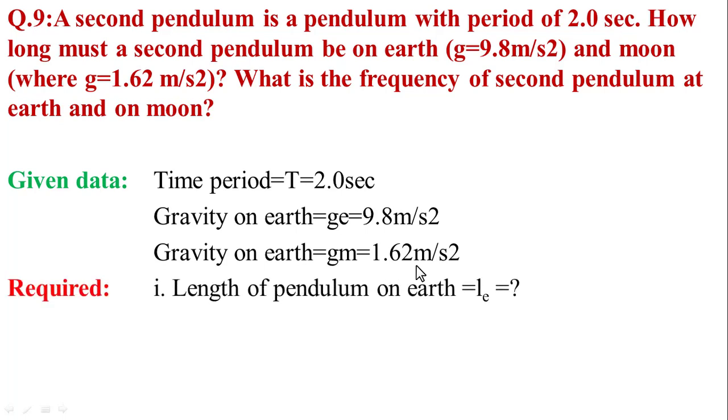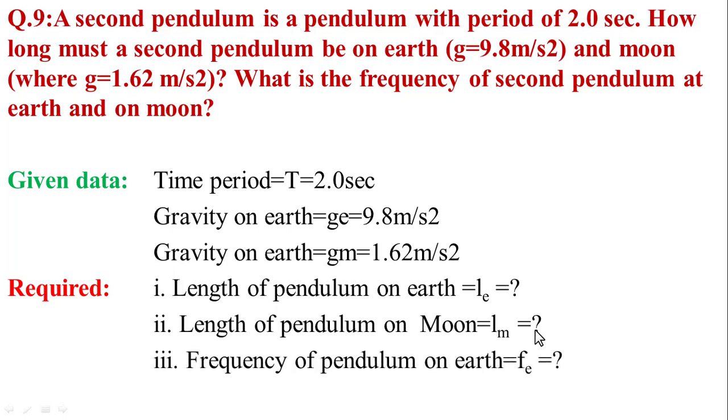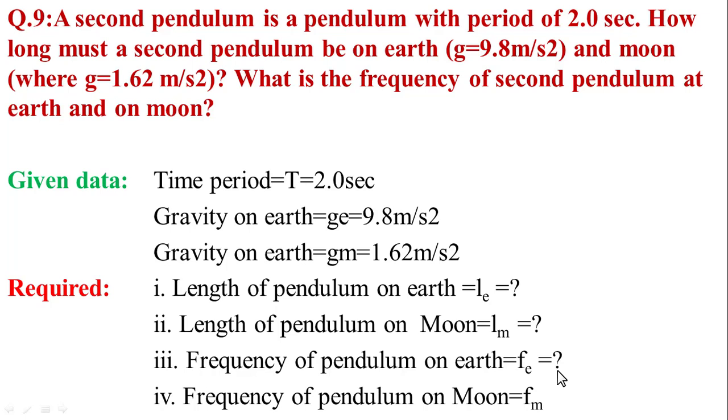Now we require the length of the pendulum on Earth, L_E, which is equal to question mark, and in the second part, the length of the pendulum on the Moon, L_M, is equal to question mark. Now, using the formula, we also require the frequency of the pendulum on Earth, f_E, equal to question mark, and in the fourth part the frequency of the pendulum on the Moon, f_M, is also required.